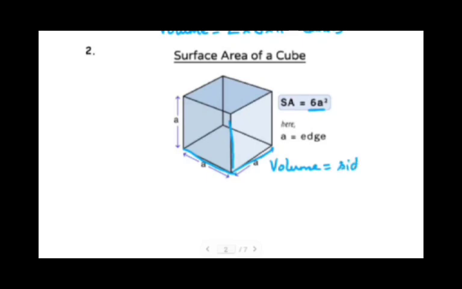So it is side cube. 3 dimensions involved, length, breadth and height. Hence, what will be the unit? Unit will be unit cube. For an area, it is going to be unit square.